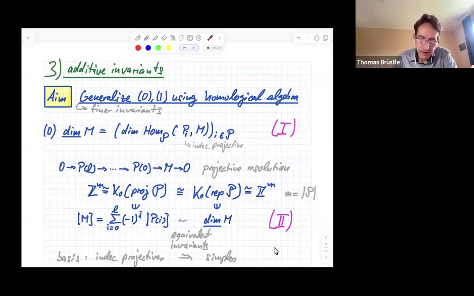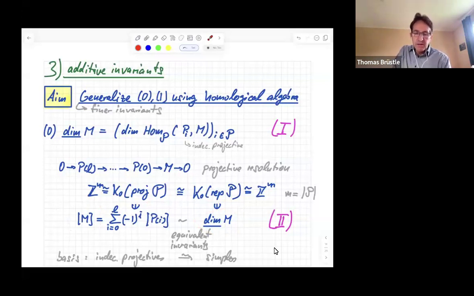The dimension vector and the element of M in the Grothendieck group are really equivalent information. There's a base change. On the left-hand side, we take as a basis the indecomposable projectives. On the right-hand side, we take as a basis of Z^n the simple modules, and there's a base change that transforms the left-hand side into the right-hand side. So having the dimension vector is equivalent to computing the entry of M in the Grothendieck group.